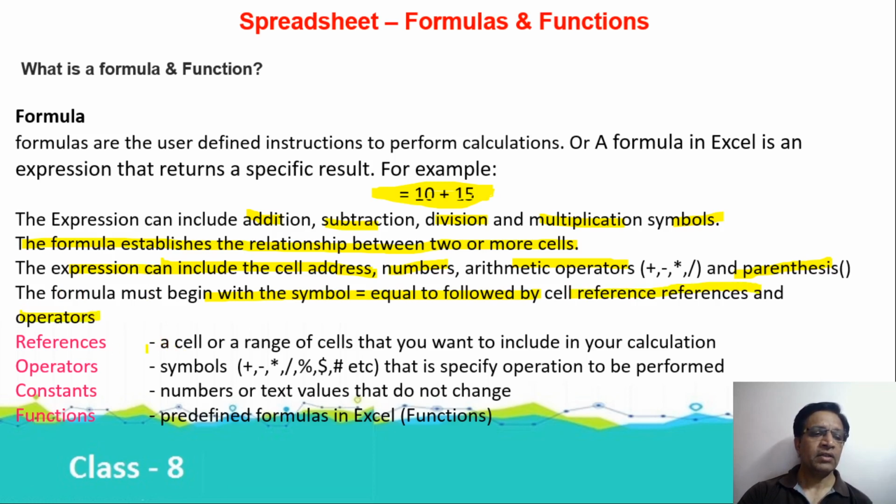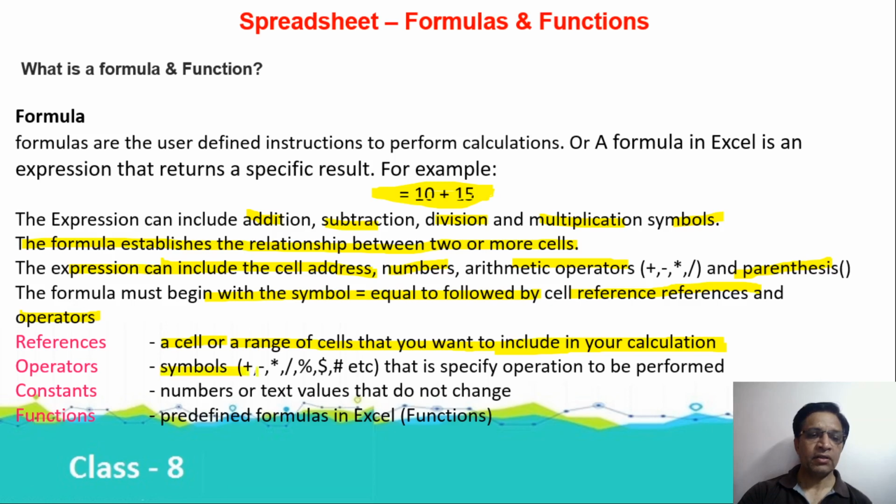Now what are the various components which we have talked about? First is the reference, a new word: a cell or a range of cells that you want to include in your calculation. Whenever we do certain calculations in MS Excel, we make use of certain sets of cells in our formula. That is what is called a cell reference.